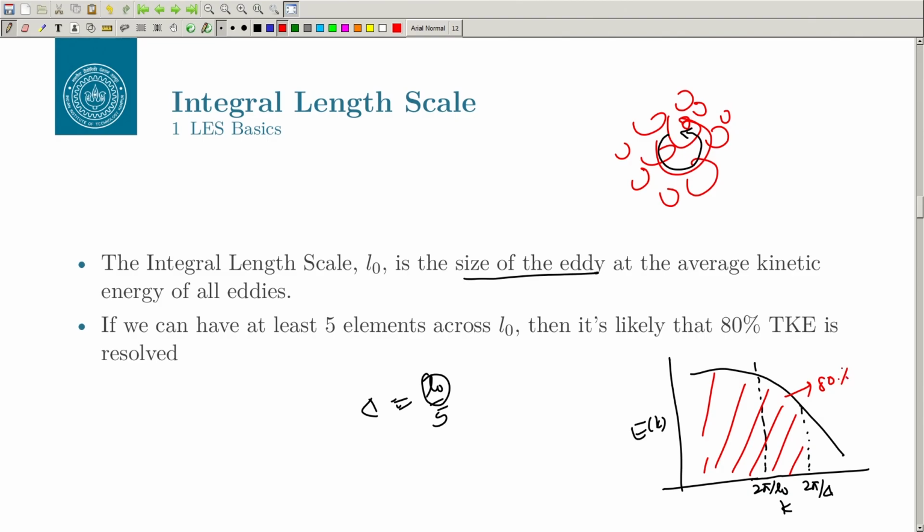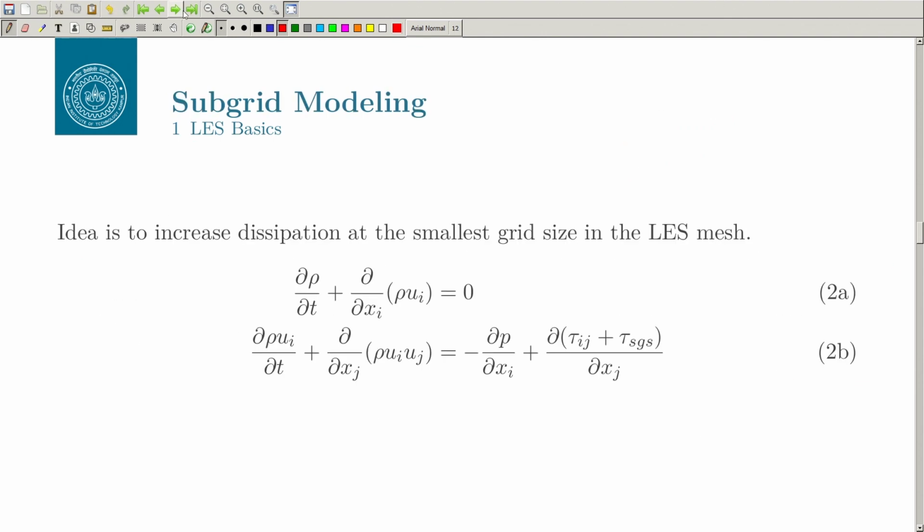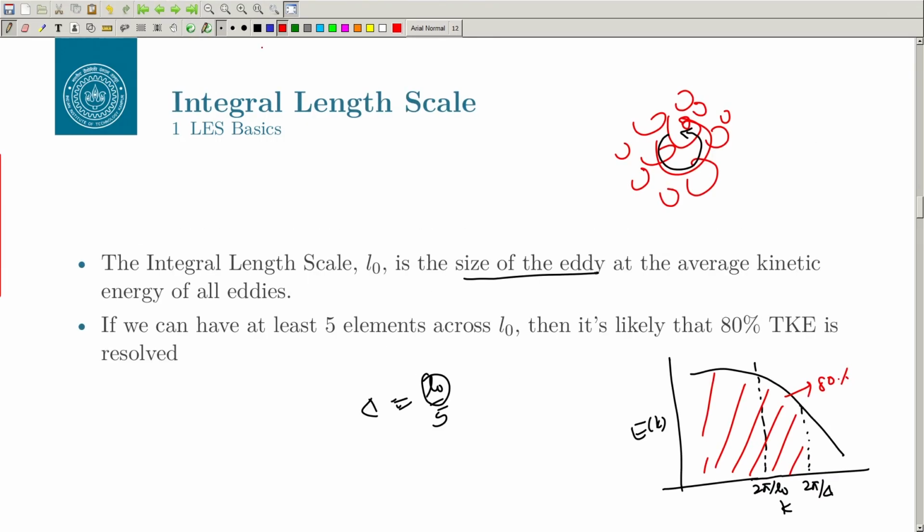Now, you know the definition of L naught. If you use any model, k epsilon or k omega, you have the definition of L naught, and we have discussed that in the last class, because your eddy viscosity is basically the multiplication of u naught and L naught.